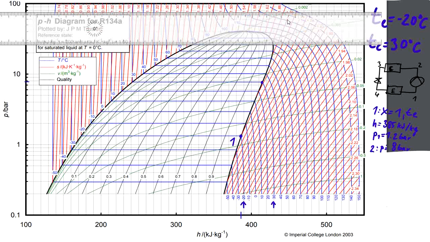So it's the pressure, and then the entropy at the point 2, S2, is the same as the entropy at the point 1.